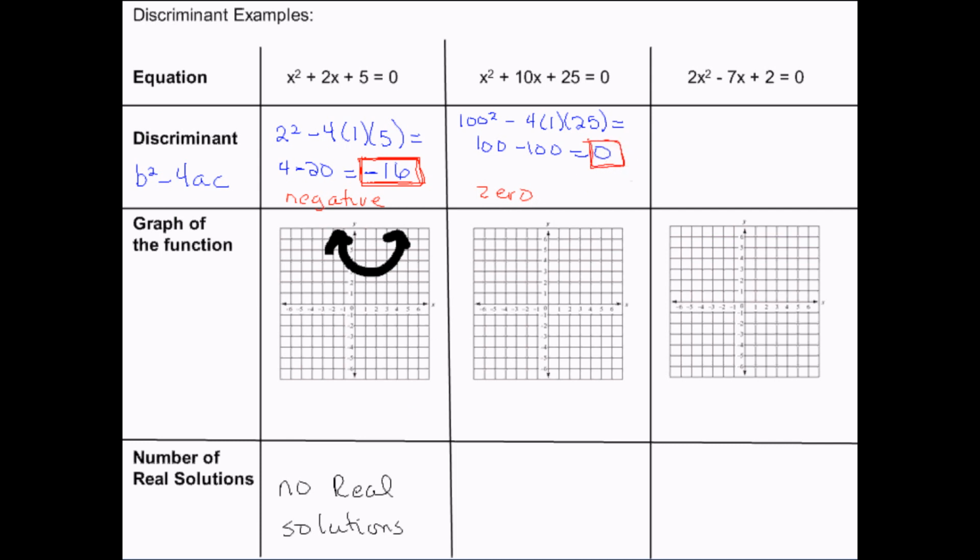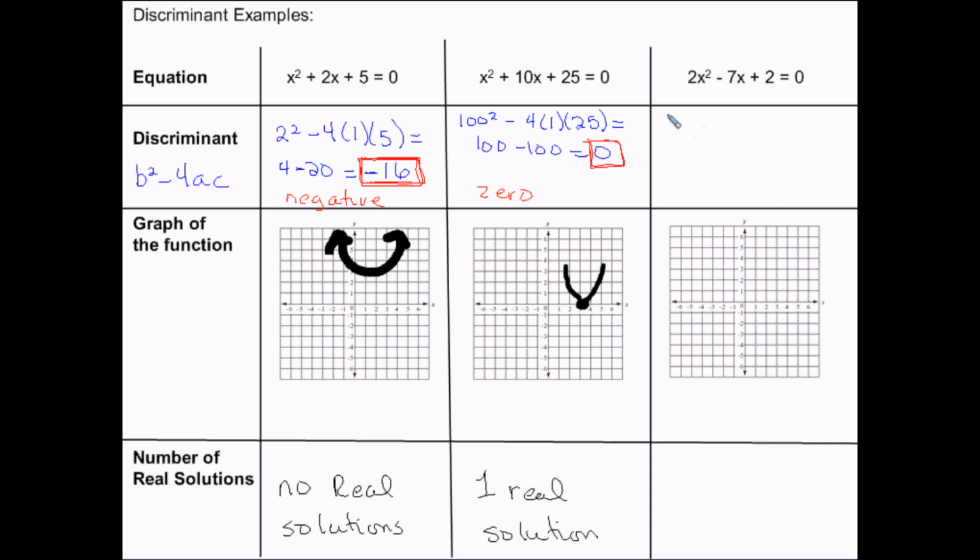If my discriminant is 0, my graph is going to touch the x-axis in exactly one spot. One spot right there. So I'm going to have exactly one real solution. Now it can touch anywhere along the x-axis, but it'll only touch in one spot.